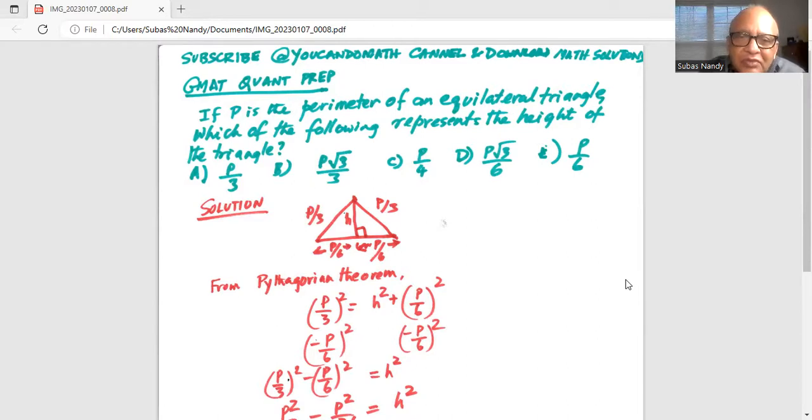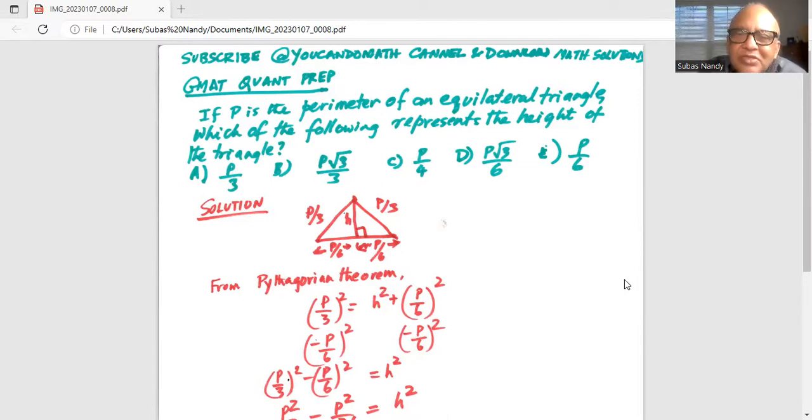So from the vertex of the equilateral triangle, I drop a vertical line to the base. And this is the height of the triangle, which I represent by H. Now, when I draw that altitude, the vertical line intersects the base at the midpoint of the base.